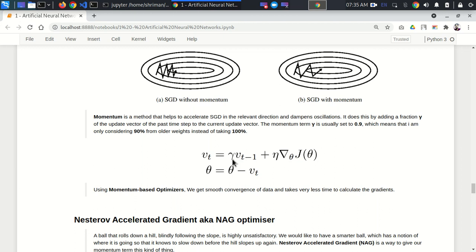So we multiply 0.9 into V(t-1), and this is added to this term, and this equals Vt. This Vt is subtracted from the older weights, and that is how we update. Now in a third iteration, this V(t-1) will be the learning rate from our second iteration. In the next iteration, this V(t-1) will be from the previous one.